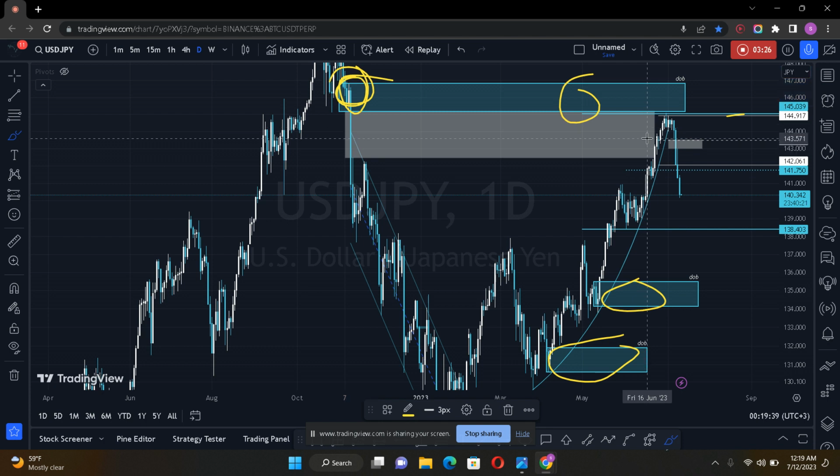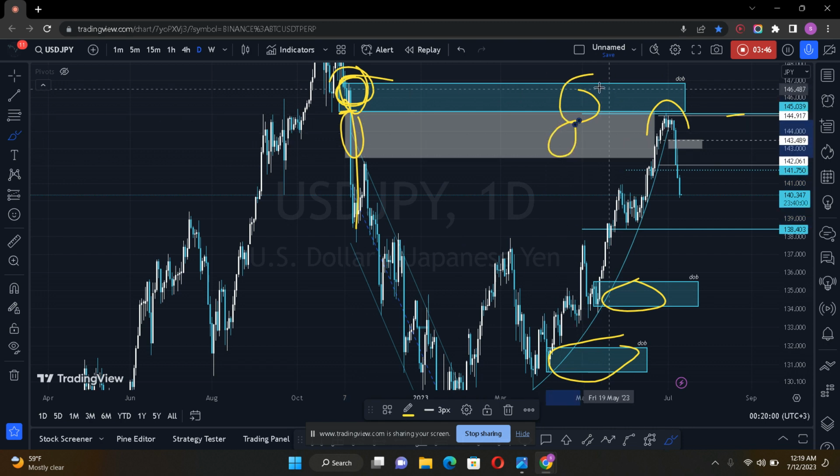As we can see, price reached our zone, and this zone is coupled with this gray area, which is a fair value gap, and this is as a result of this particular inefficiency that was left during this impulse move to the downside.